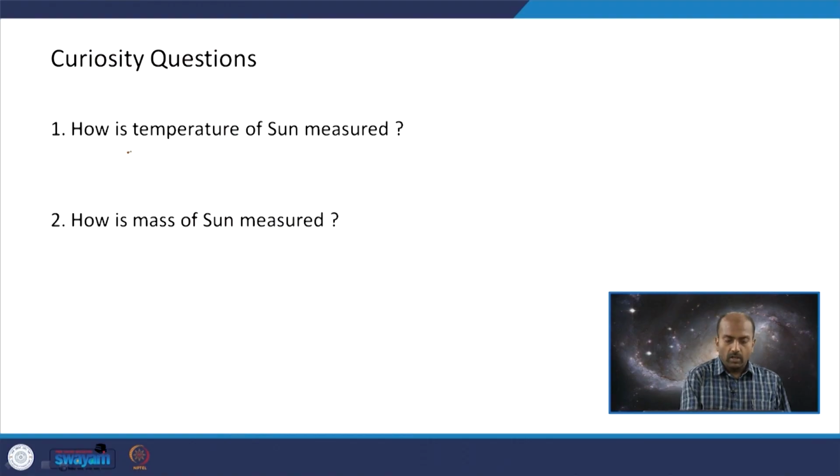Out of the discussion we had in the last class, I have made a few curiosity questions for you. These are not generally related to measurement, but are more popular science kind of questions. You may want to look up in your resources, books or online, how the temperature of the sun is measured, how the temperature of any distant or nearby star can be measured, or how the mass of the sun is measured.